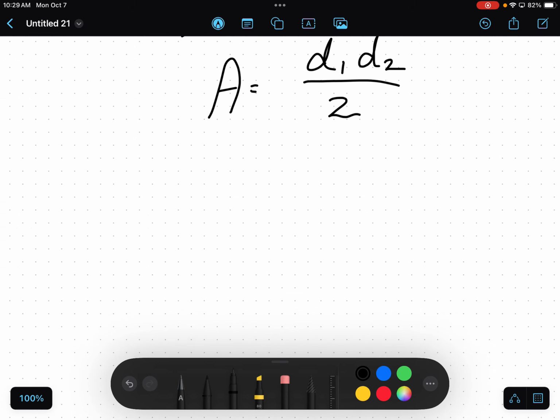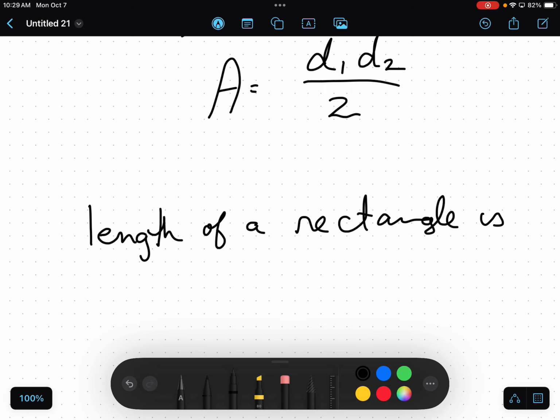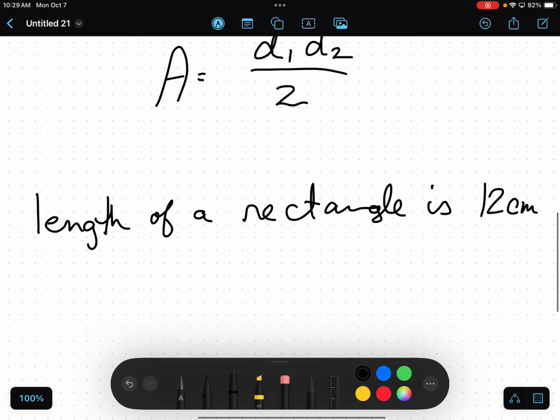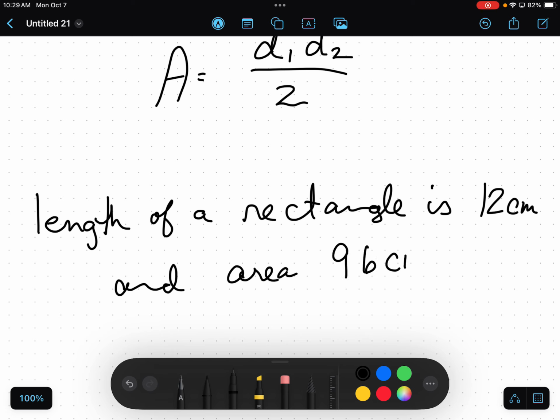So one of the things that they'll say is, it'll have something like the length of a rectangle is 12 centimeters, and the area is 96 centimeters squared.